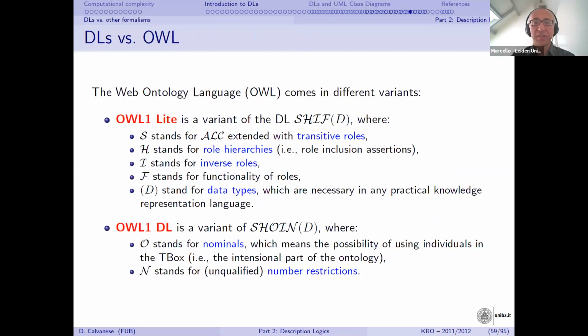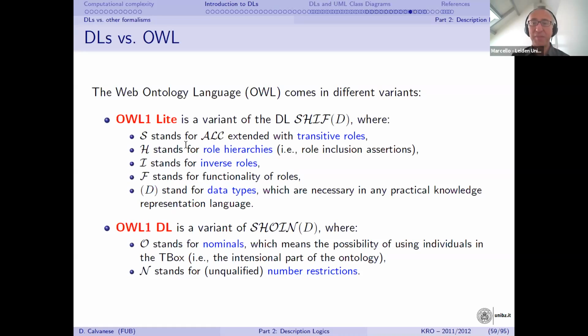Yeah, so this is maybe more interesting, the OWL, that is the Web Ontology Language, and how this is related to description logic. And there are several versions of OWL. There is not just one. So this OWL Lite corresponds to this description logic, and then you have all these components. One is here, and other things where you have an even richer language.